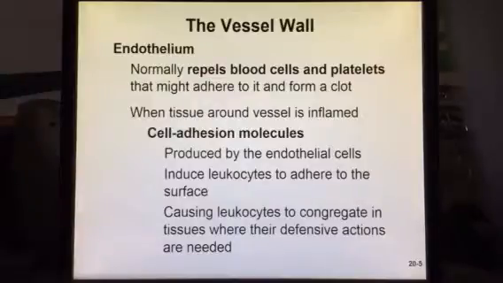But sometimes the tissue around the vessel can be inflamed, and so then there are some cell adhesion molecules that are produced by the endothelial cells and want those white blood cells, the leukocytes, to adhere to the surface. Now this part is going to make more sense when we go into detail about the types of blood cells, but basically when there is an inflammation and we need white blood cells to get there, these cell adhesion molecules are produced.